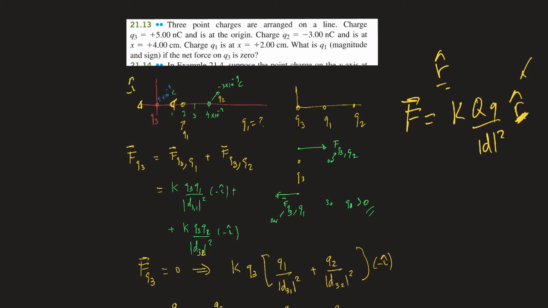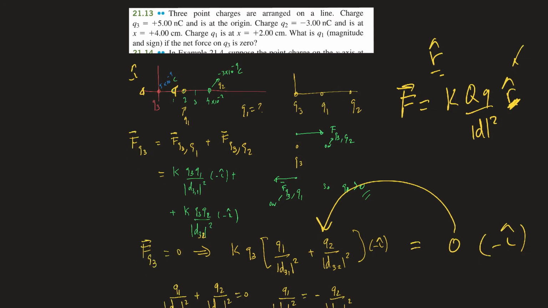So the sum of the forces should be K by Q3 by Q1 divided by the distance between 3 and 1 squared plus Q2 divided by the distance 3 to 2 squared, and the vector will be in the minus i direction. But if I want this vector to be 0, in the minus i direction, if I want it to be zero, this should be 0.